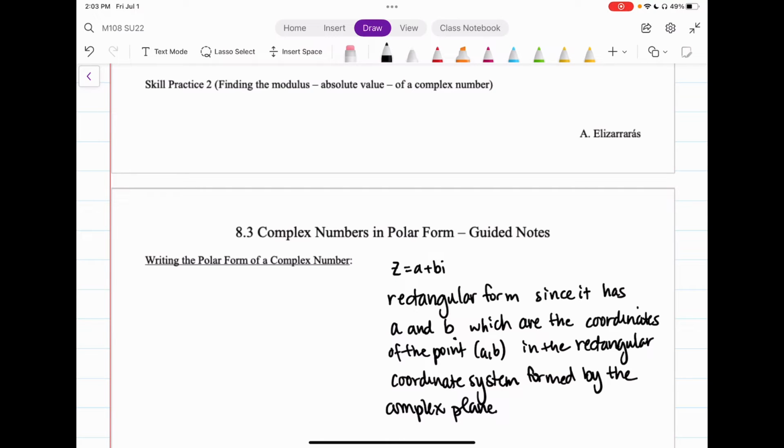We can transform this into polar form, knowing that A, which is the x component, is r cosine theta, and B, which is the y component, is r sine theta. And just like in the rectangular coordinate system where x squared plus y squared equals r squared, a squared plus b squared equals r squared in the complex plane.